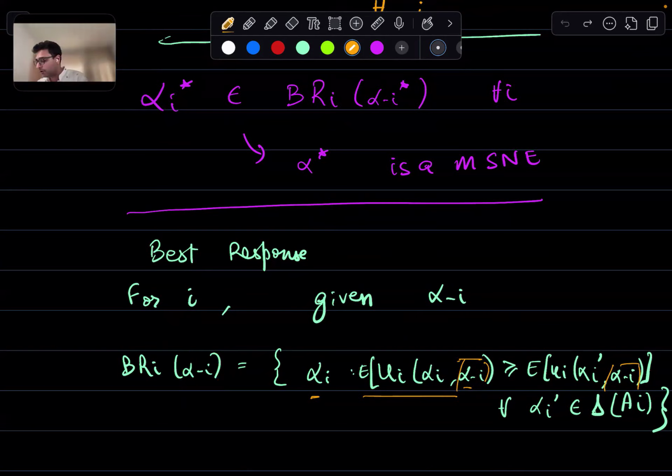Okay, so get rid of those a little bit, make it a little neater, and check over all alpha I primes. That check just simply means that you want to make sure that this is actually the best thing that player I can do. So you're looking over all of the possible options available to player I.